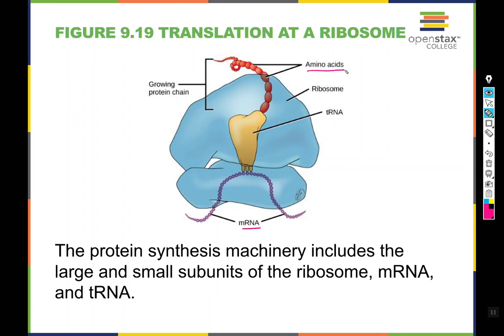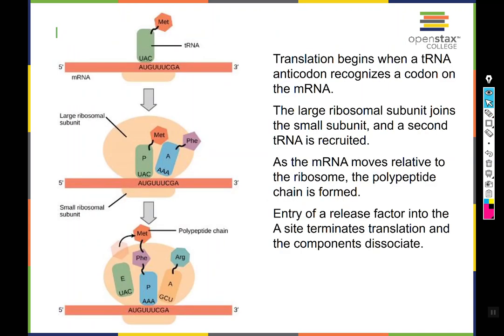So the ribosome has a large and small subunit, and these clamp around the mRNA molecule such that tRNAs can bind and bring the appropriate amino acid to the growing chain. So translation begins when a tRNA anticodon, and let's circle that, recognizes a codon on the mRNA. So this is the codon.